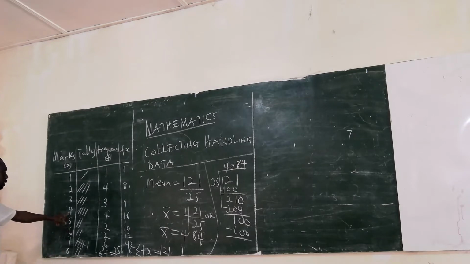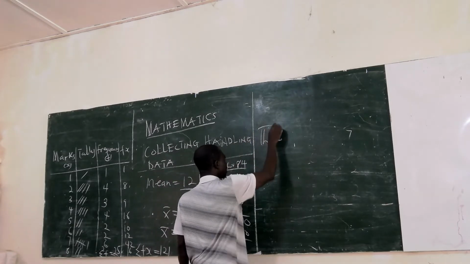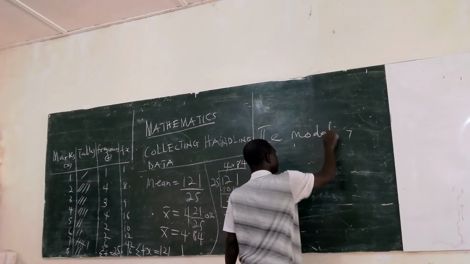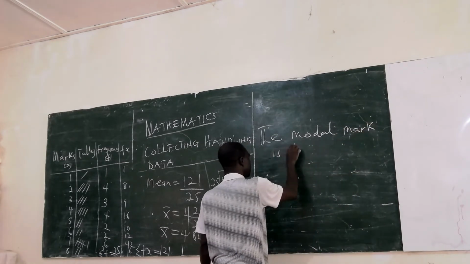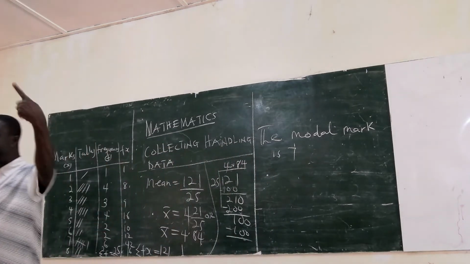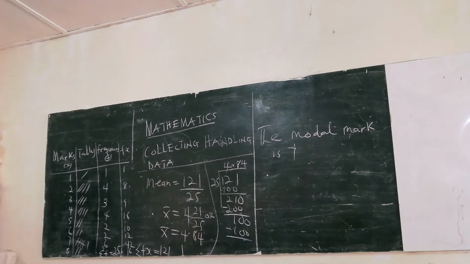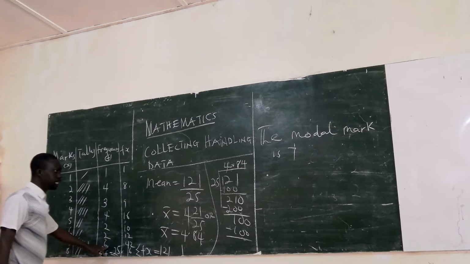For the table, the modal mark is 7, because it has the highest number of frequency. So when they ask you to use the table to find the mode, the modal mark is 7.